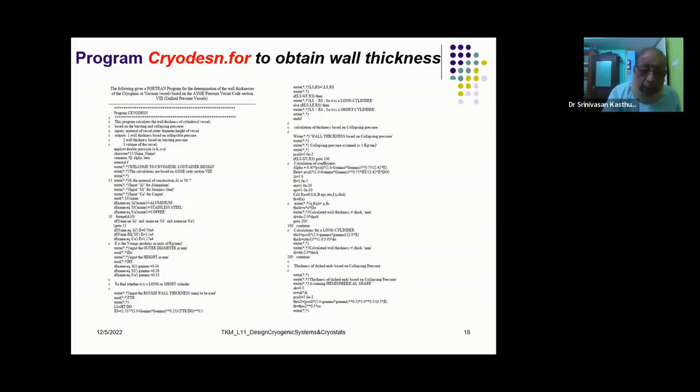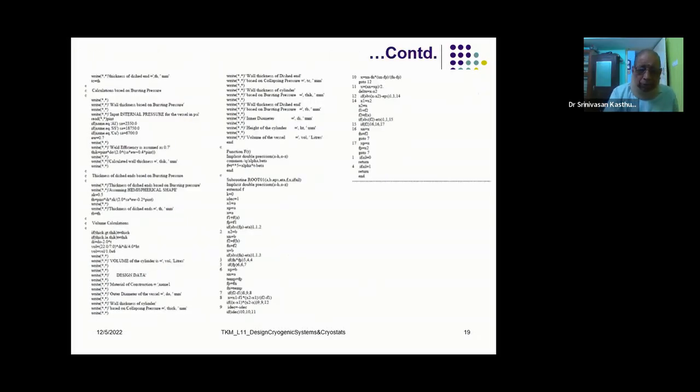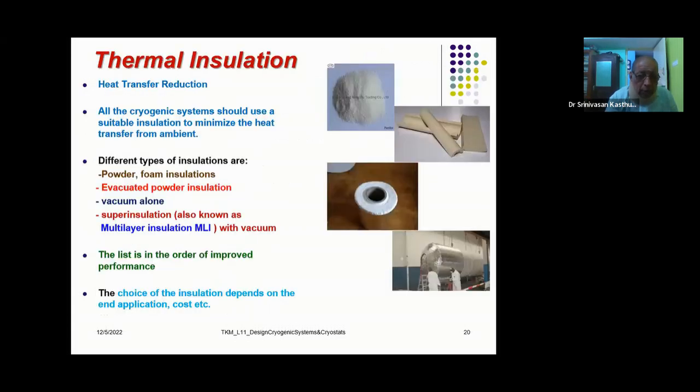If I take a cylindrical vessel, you can calculate whether it's a short cylinder or long cylinder, and then it will use the appropriate formula for calculating the wall thickness. Right. Okay, we have completed more or less the design aspects in terms of the wall thickness.